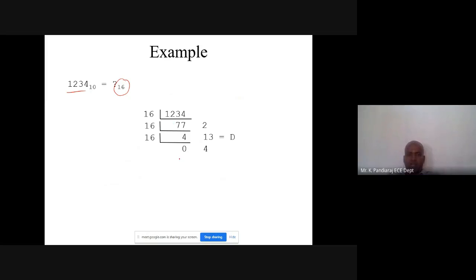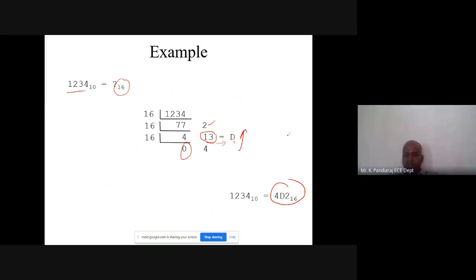So divide by 16 until the quotient is 0. First 1234: 77 into 16 is 1232, so the remainder is 2. And 4 16s are 64, the remaining 13 will come, but 13 is not allowable as a digit in hexadecimal, so we need to write the corresponding alphabet of number 13. It is D, and 4. While writing the answer from top to bottom, the answer is 4D2.